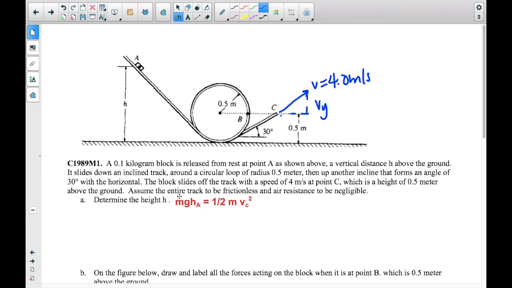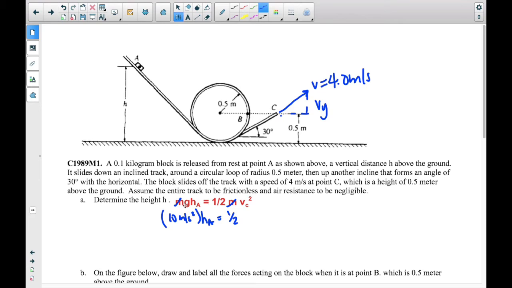So as always, we can cancel our mass. The mass does not matter. And now we have g, which we can put in as 10 meters per second squared, times the h sub a, and that's what we're looking for. And over here, the only velocity that I have, I'm using the velocity at c. And then I'll go back and do some other things so you can see where I'm going with this.